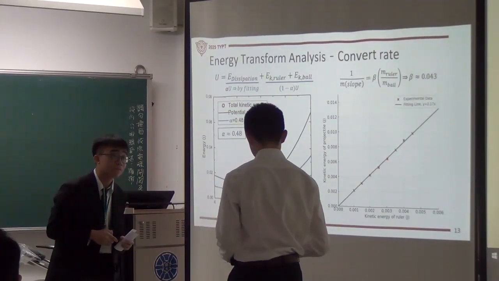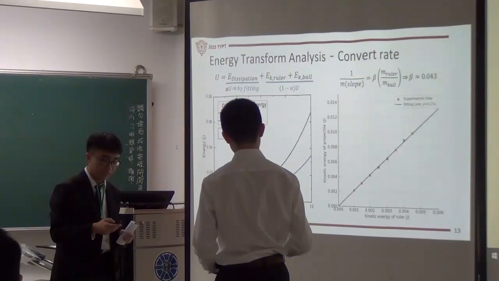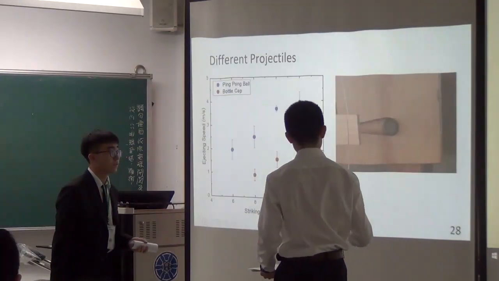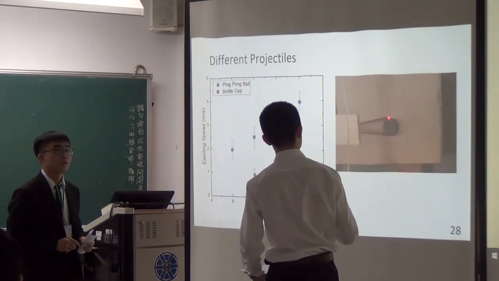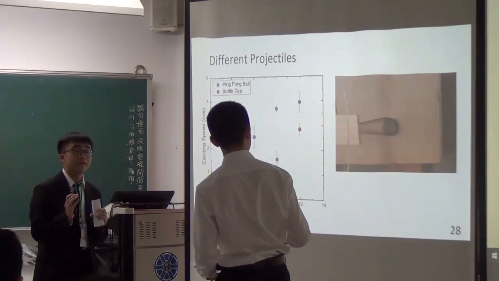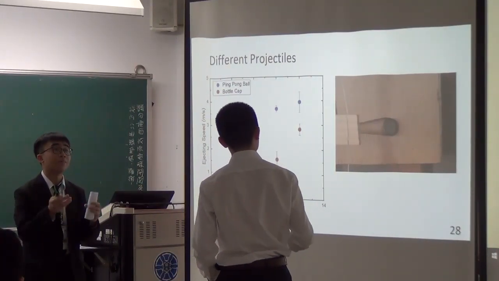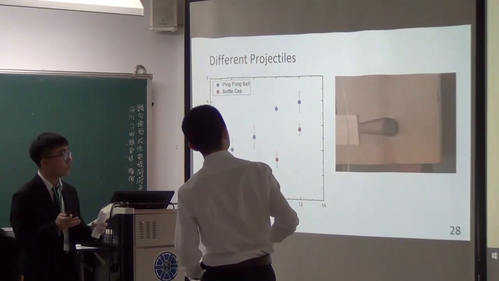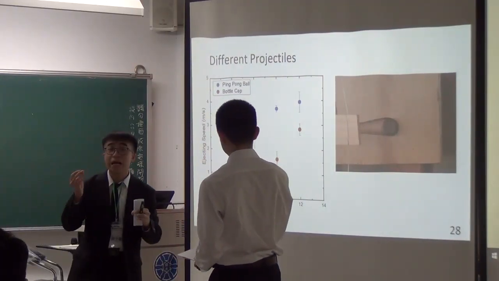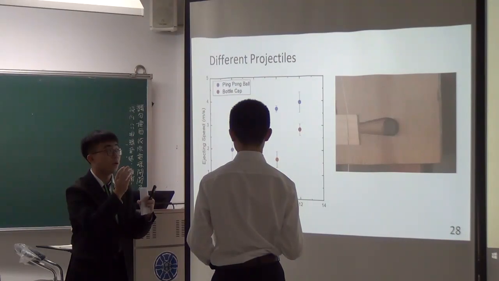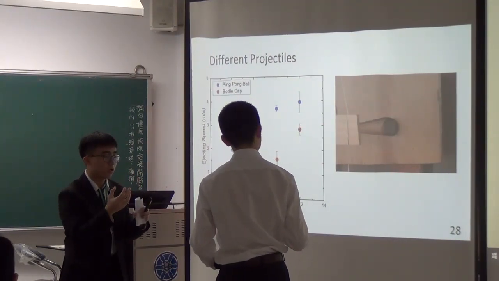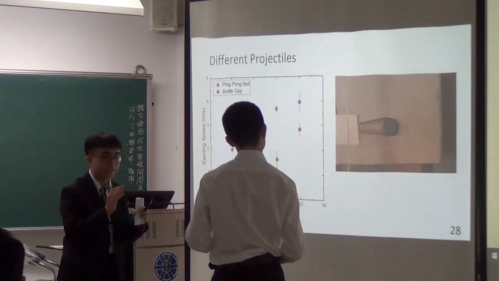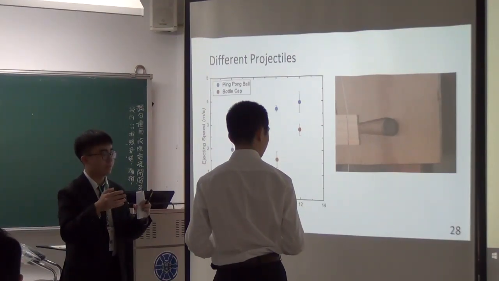Did you use a ping pong ball in all of your experiments? Yes. Did you try to change it to the plastic bottle cap? No, since the problem statement mentioned to use a plastic or ping pong ball. The reason is that the plastic bottle cap has irregularities around its surface, so we think it's really hard to measure the influencing factors based on different round projectiles.